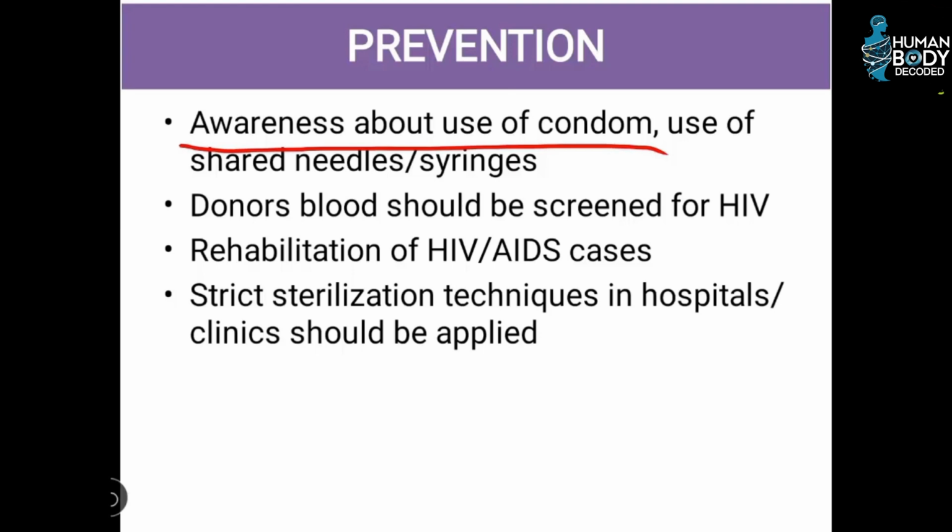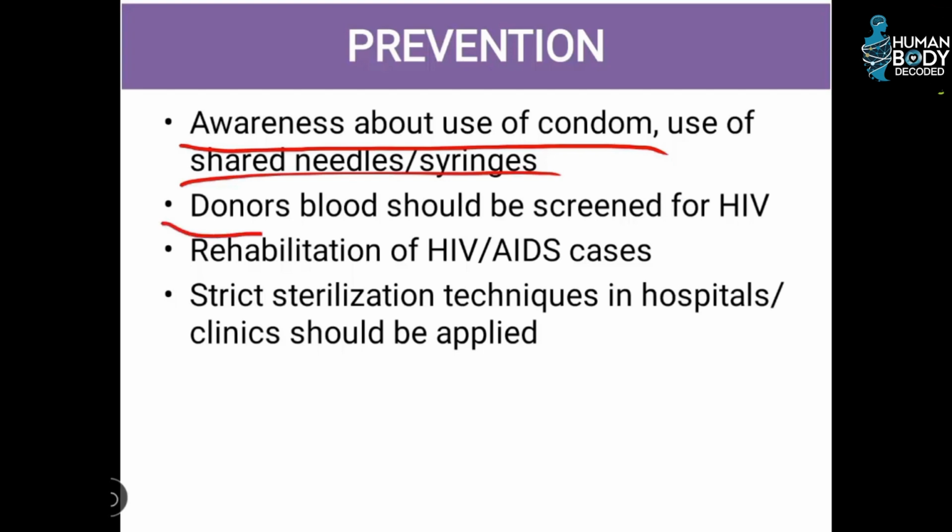If someone has HIV and they use a shaving blade, needle, or syringe, and the same syringe or shaving blade is used by another person who does not have HIV, in this way, HIV is transmitted from an infected person to a healthy person.